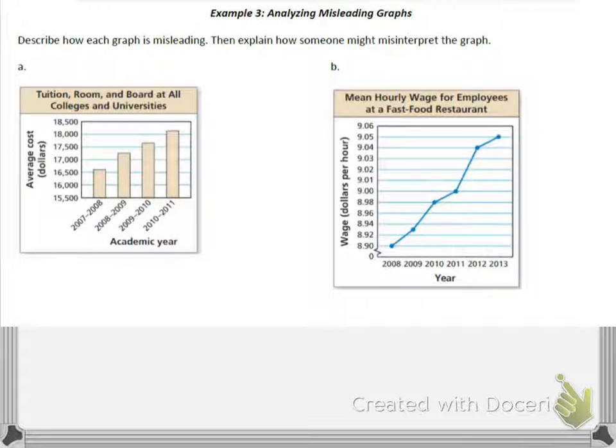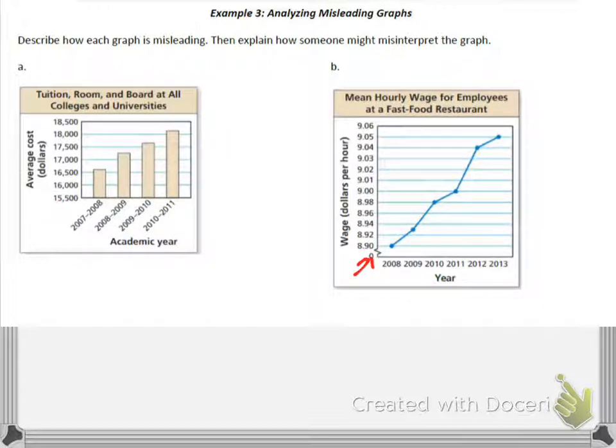And because it doesn't start at 0, each of these changes in how much the cost of college has gone up looks dramatically bigger. It looks like the cost of college is increasing far faster than it actually is, the way that this is made. Over here, yes, we do have the break, and it is starting at 0.